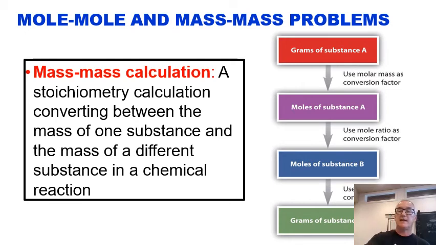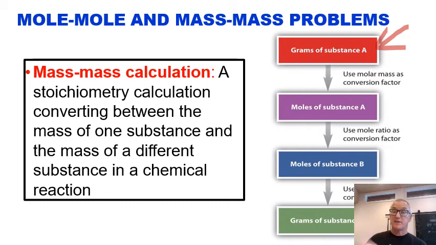If you're given the mass of one of the products or reactants in a reaction, you then need to convert that to moles, because, as I'm going to keep hammering the point over and over again, grams don't react with grams. Moles react with moles. So the number of grams of something does not help me in trying to figure out what happens in a chemical reaction.